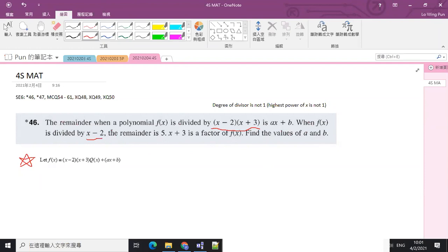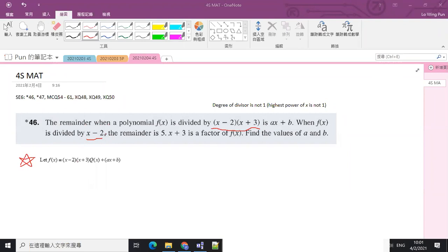This time we are considering the second division, the other division. And this time the divisor is x - 2, which is of degree 1. So we can go back to the remainder theorem.